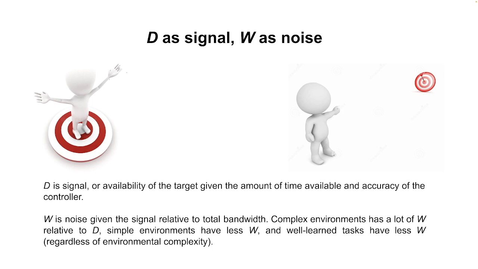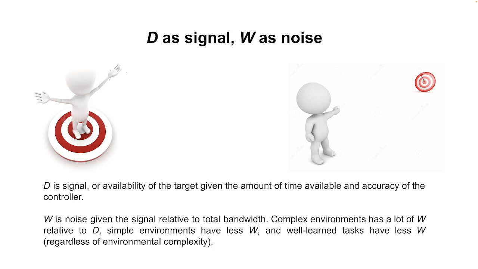So if we fix that index of difficulty between a complex environment and an uncluttered or sparse environment, then the complex environment will have much more noise for a certain value of D. And so it follows that simple environments have less noise, or that the width is wider.